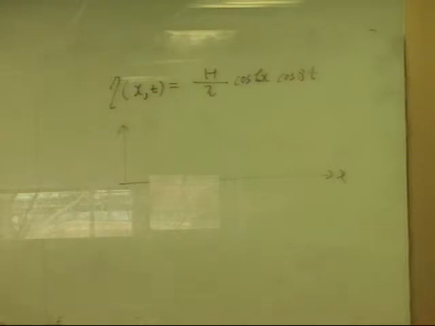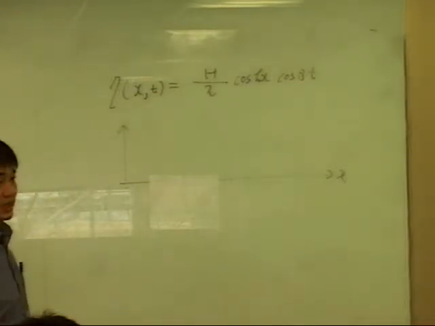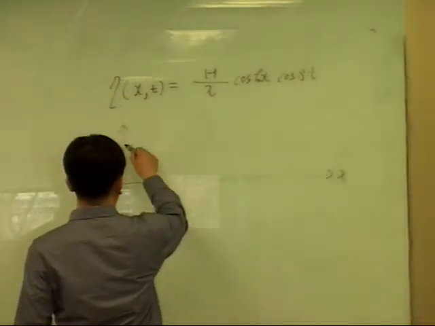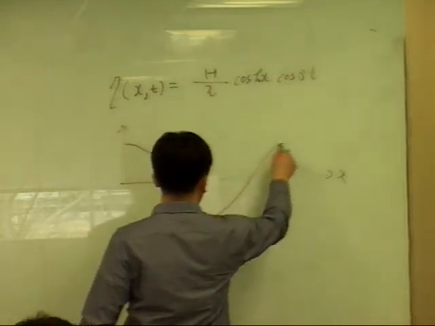Let's look at this equation. With cosine kx, the shape is like that.